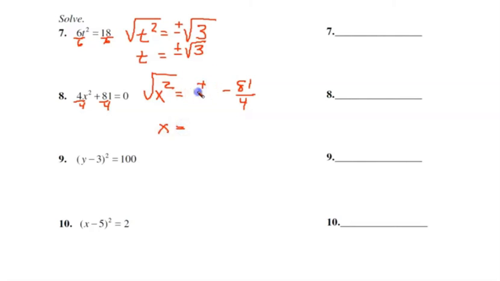And then it's plus or minus the square root of this side. Well, now notice we have a negative under the radical, but now we have a tool to deal with that. That's going to be 9i over 2. So this, and it's plus or minus, this is an imaginary number, so this one has no real solutions.